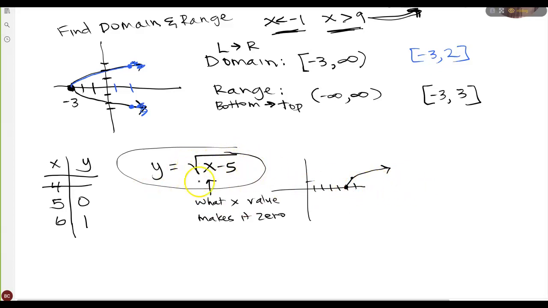But if you were trying to tell the domain before you graphed it, which is good to know because then you know what x values you can pick, you take what's inside the square root, that x minus 5, and it has to be greater than or equal to 0, because we can't take the square root of a negative number.